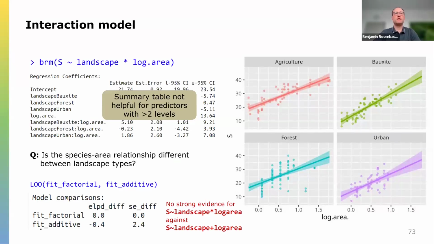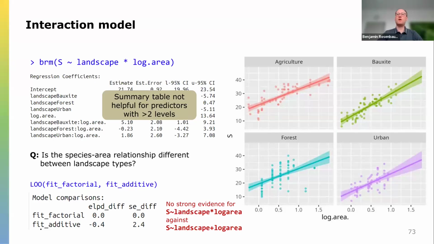Again, the summary table here alone will not give you a satisfying answer, but you can use model comparison. And in this case, even if you see some differences in the intercepts, the model comparison will reveal that the data actually doesn't support such a model where all the slopes are different.